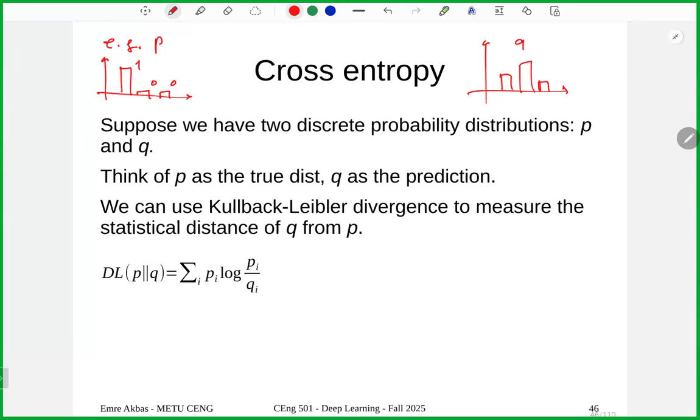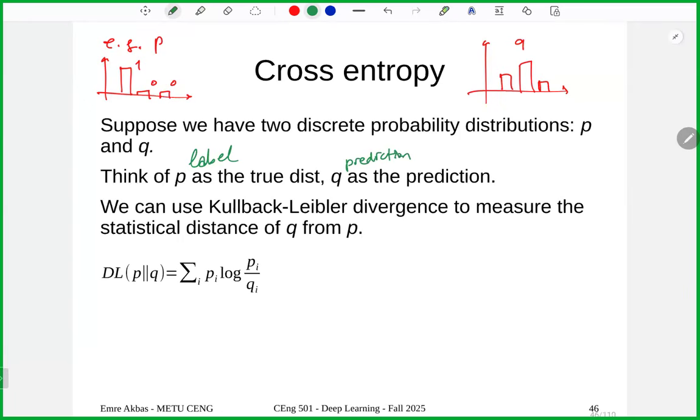They sum to 1 and all positive. Once you have these two discrete probability distributions, P and Q, how do you measure the discrepancy between them? Because what we want is the prediction Q to be as close as possible to the true distribution P, which is the label in this case. So let's call this label and Q as the prediction.